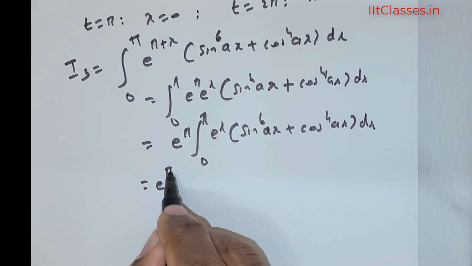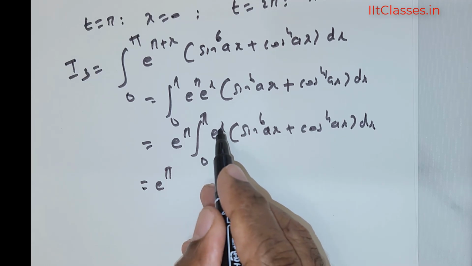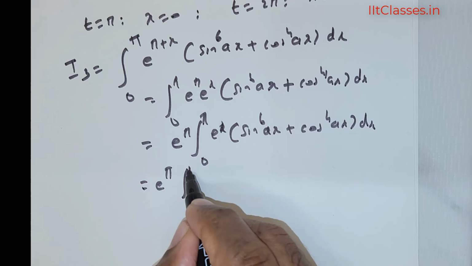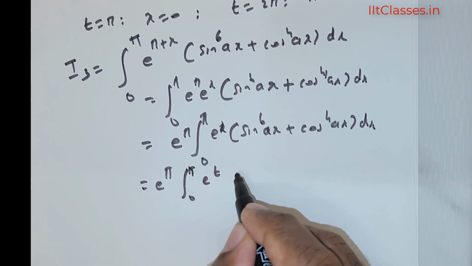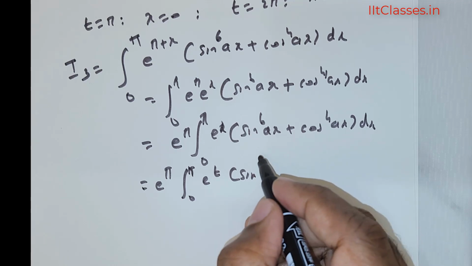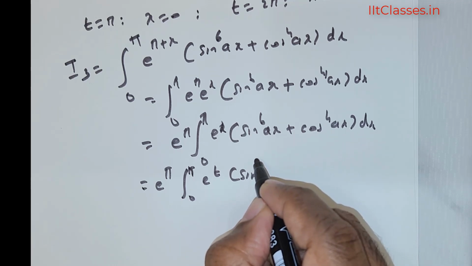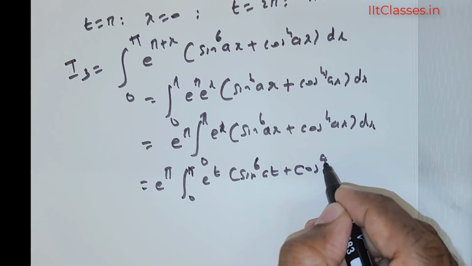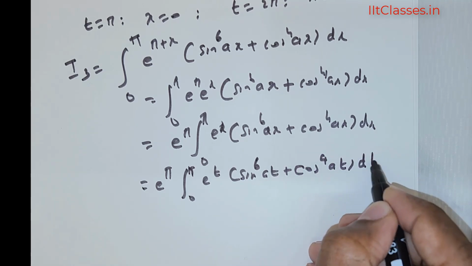Now this is going to be e^π. Now I can clearly revert back to the initial variable: the integral 0 to π of e^t, no harm in it because it's just x all through, so we can always have it substituted by another variable. So this is sin^6(at) + cos^4(at) dt.